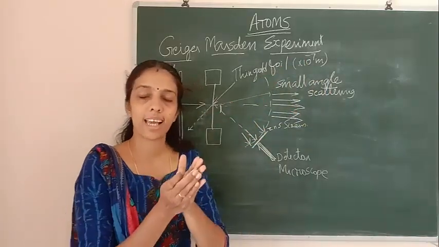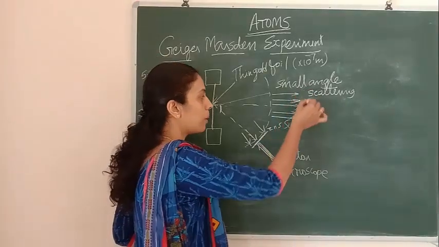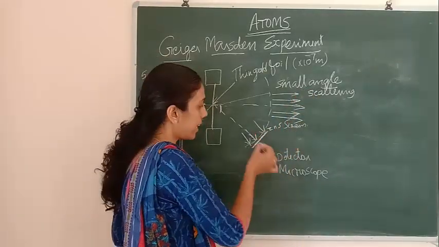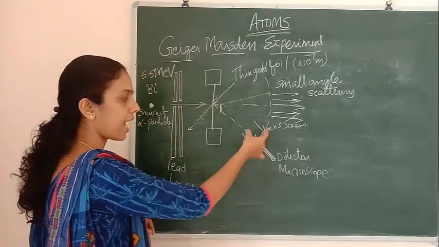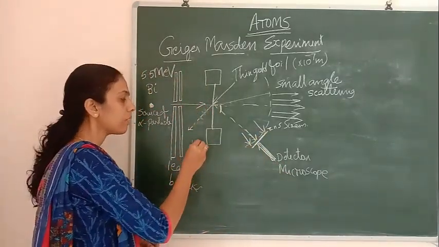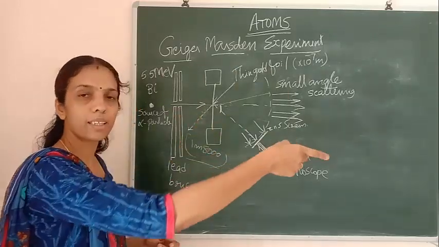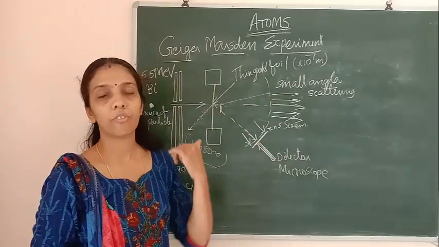If the scattering is at a very small angle, then the amount will be more. But in large angle scattering it is very little, only 1 in 8,000. If 8,000 alpha particles are scattering, 1 will be reflected back.